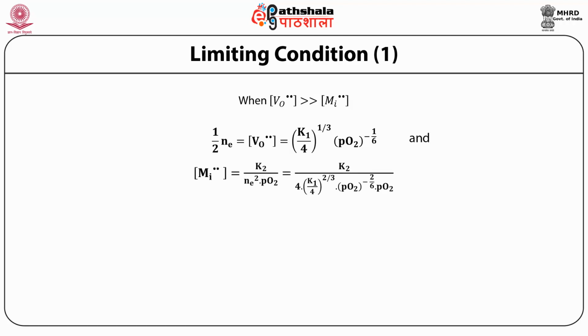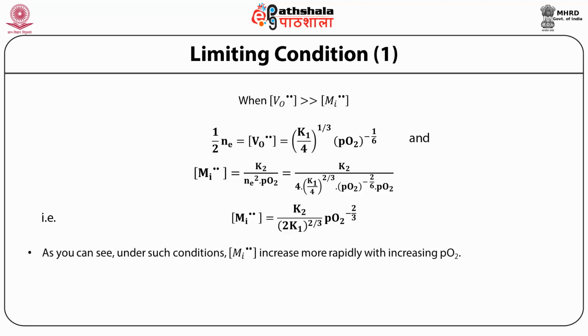And Mi double dot is equal to K2 divided by Ne square times PO2, which comes out to be K2 divided by 4 into K1 by 4 to the power 2 by 3, PO2 to the power minus 2 by 6 into PO2. That is, the concentration of Mi double dot is equal to K2 divided by 2K1 to the power 2 by 3 times PO2 to the power minus 2 by 3.